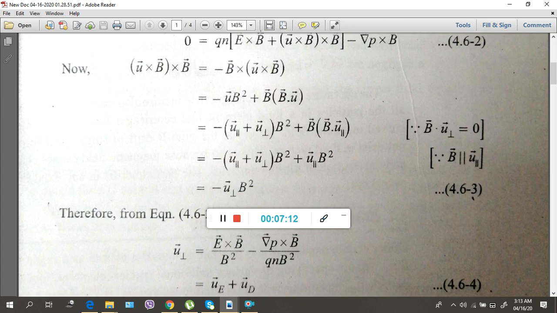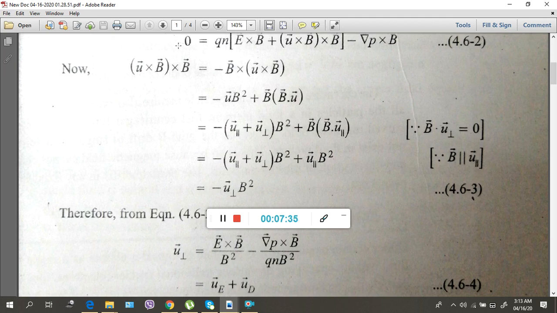If we put the value here, minus u perpendicular b square, we can take it outside, that is equal to qn u perpendicular b square.